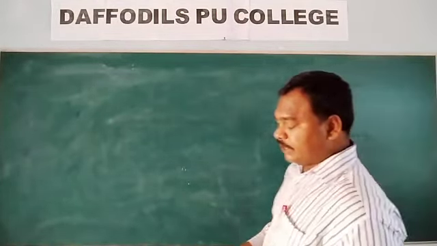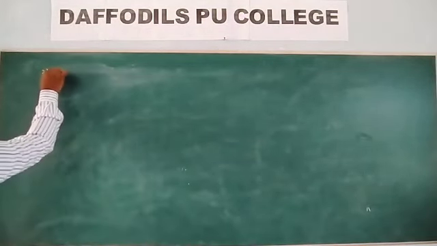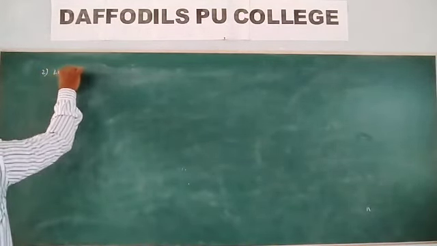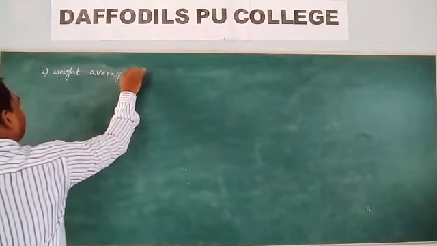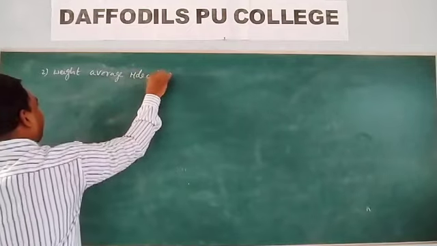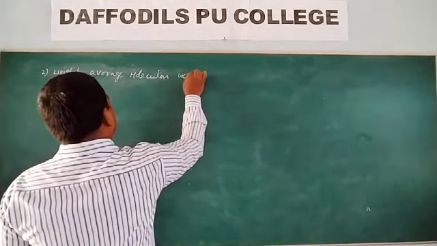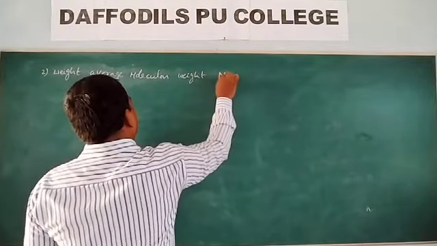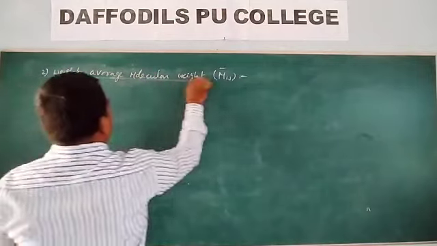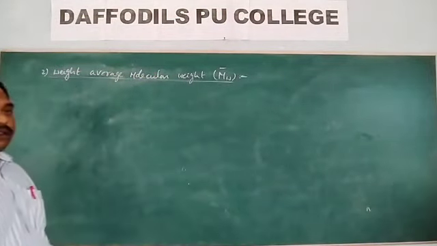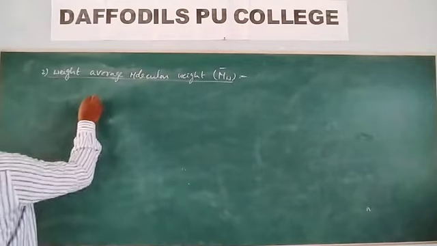The second one is the weight average molecular weight, denoted by Mw bar. What is the formula of this one?